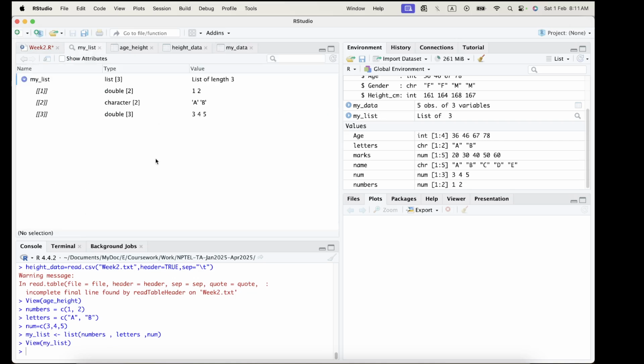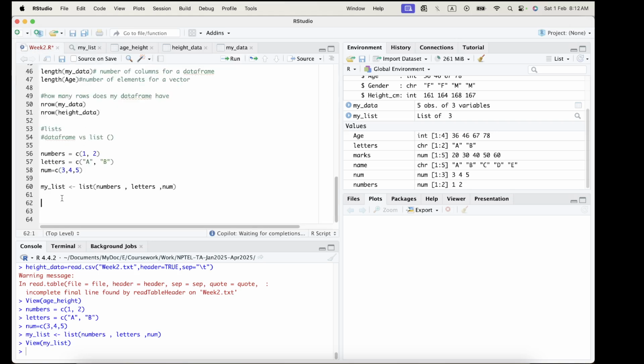I have a list of 3, so I am storing 3 types of data. This is how the indices are represented in case of a list. The first element is of type double, the second is of type character, and the third one is also of type double.